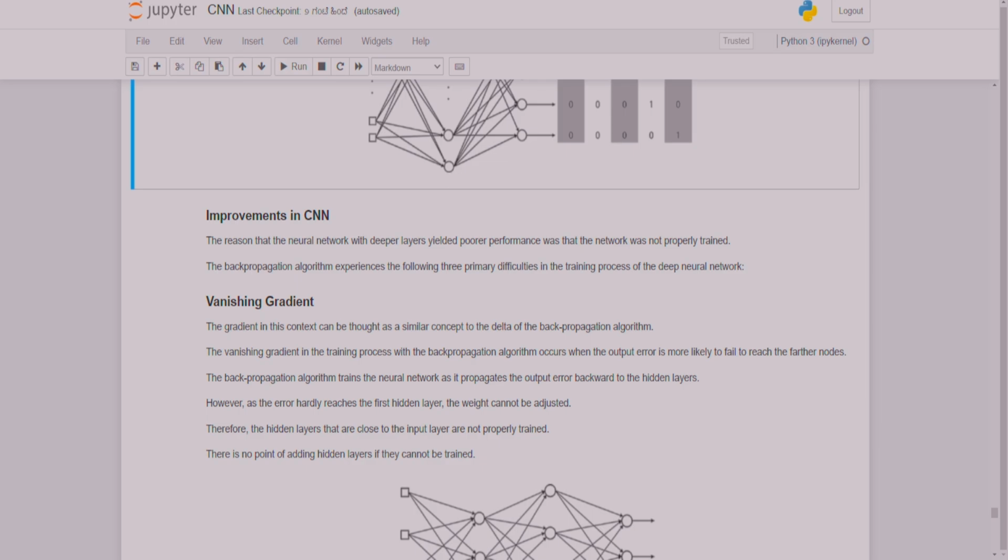They thought, I have so many layers, I increase the layers, I'm expecting better performance. Pretty straightforward, but that's not happening. People could not understand why. The answer to that question is what is called the vanishing gradient.